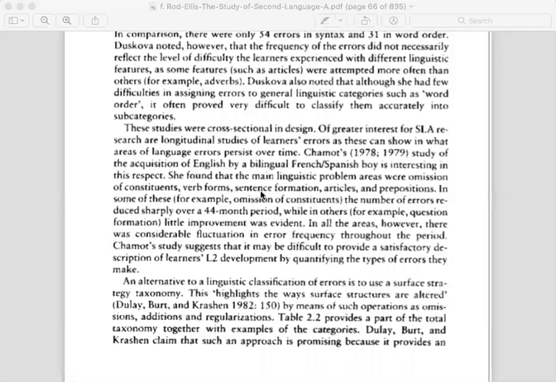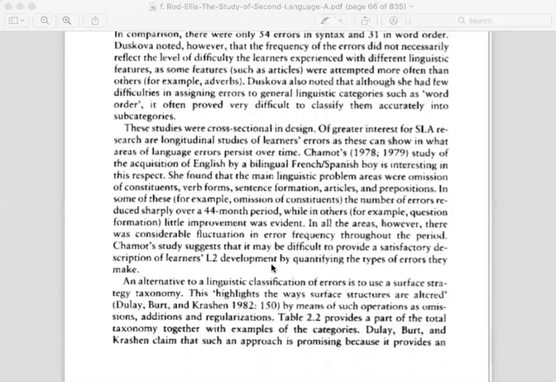He found that the main linguistic problem areas were omission of constituents, verb forms, sentence formation, articles, and prepositions. In some of these, the number of errors reduced sharply over a 44-month period, while in others, for example, question formation, little improvement was evident. In all these areas, however, there was considerable fluctuation in error frequency throughout the period.